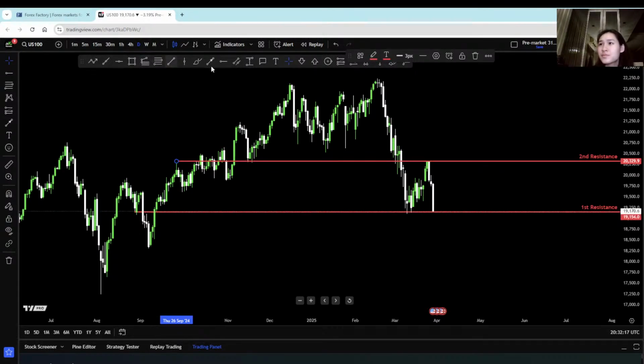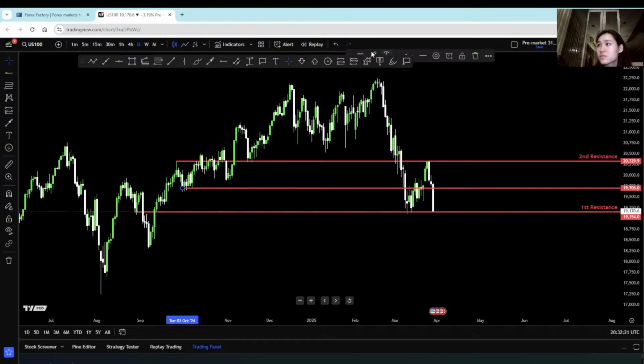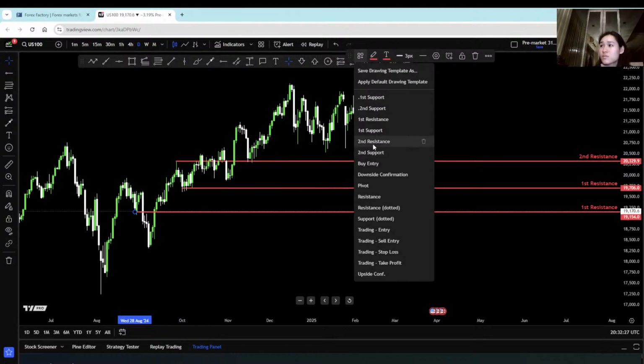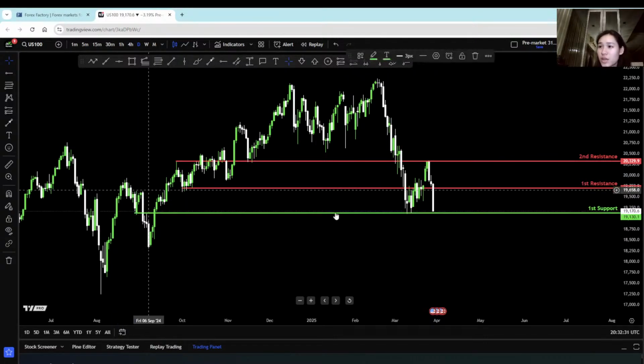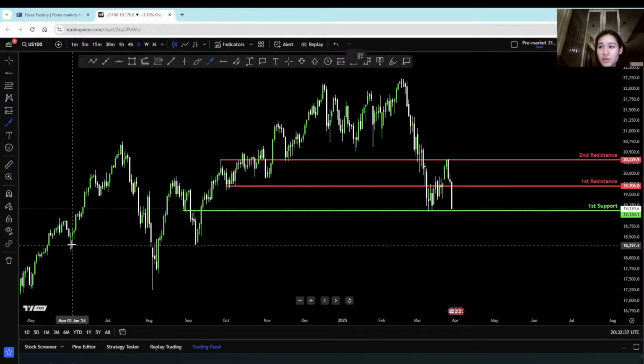Okay, no, I'm gonna place it slightly lower. And then for my second support, I'll just place it at this double swing low level.